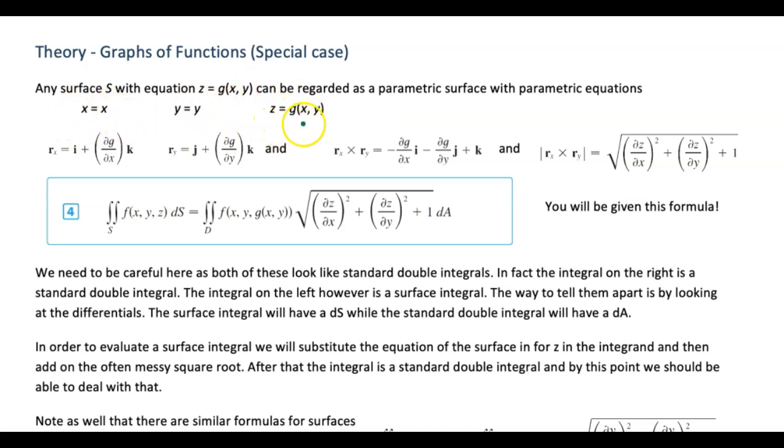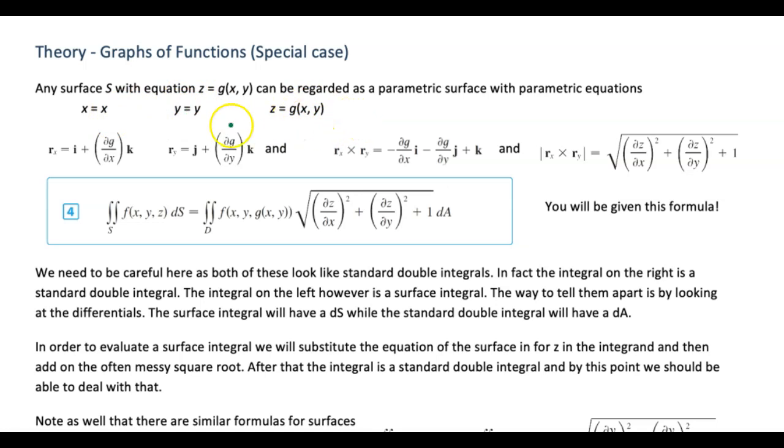We remember that when we parameterize this surface, all we're saying is that we know that z is a function of x and y, and we just want x and y in terms of x and y, then x will just be equal to x and y will just be equal to y. And we talked about this idea when we introduced parametric surfaces. You saw this. Sometimes x was equal to x, y was equal to y, and sometimes z is equal to z.